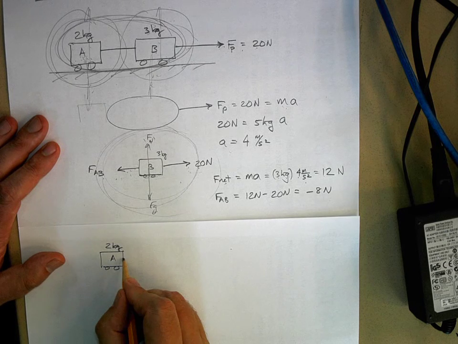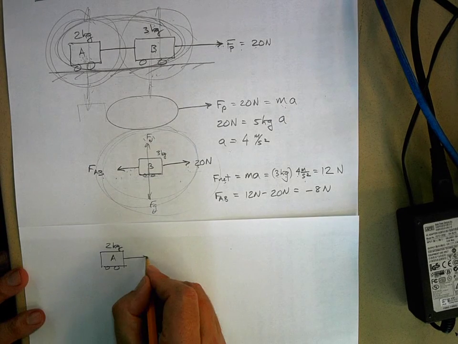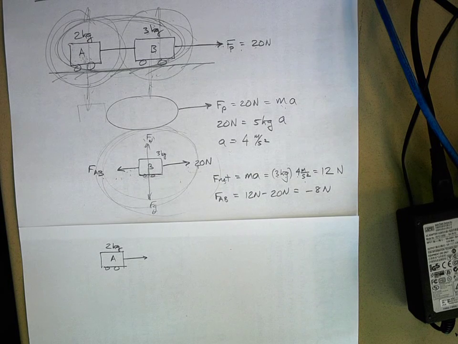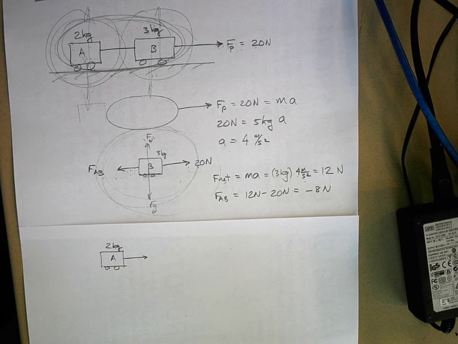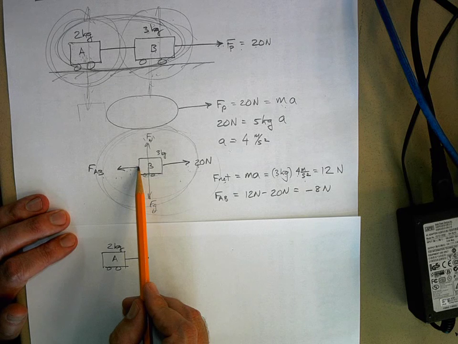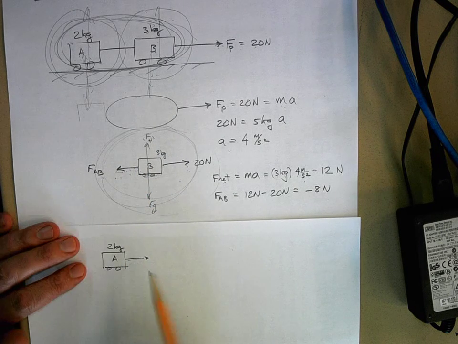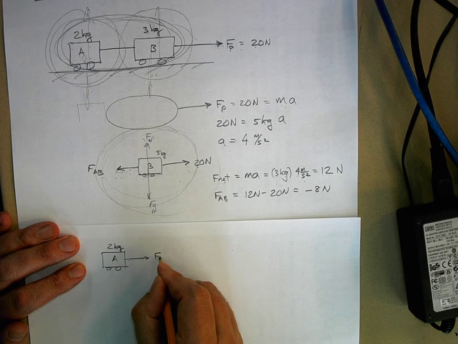A string pulling it to the right. Now, what should I call that force? We could call it tension, and we actually will eventually. But look at this force. This was the force of A pulling back on B. So this is the force of B pulling A forward.